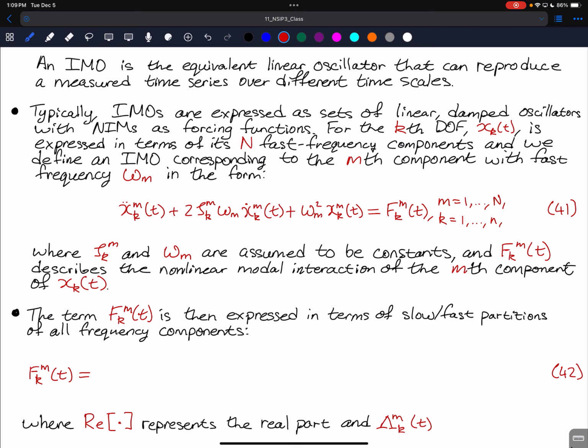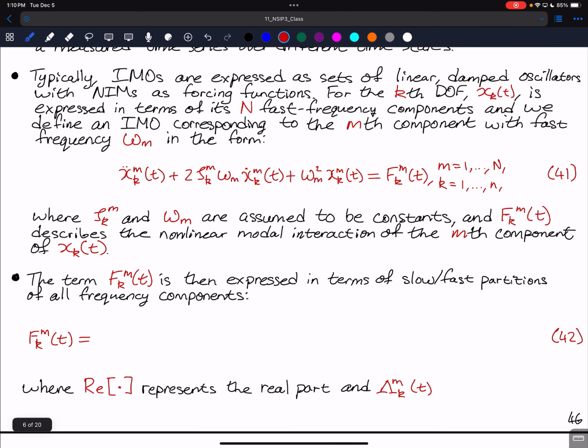So with the energy, we were looking at the temporal frequency computed from the IMF. Here we're looking at just an assumed constant fast frequency. And then lastly, this f of t term describes our nonlinear modal interaction term of the mth component, and for that degree of freedom x sub k.